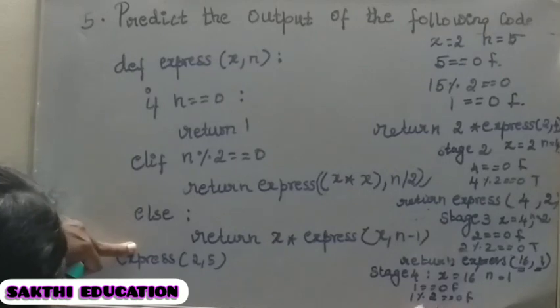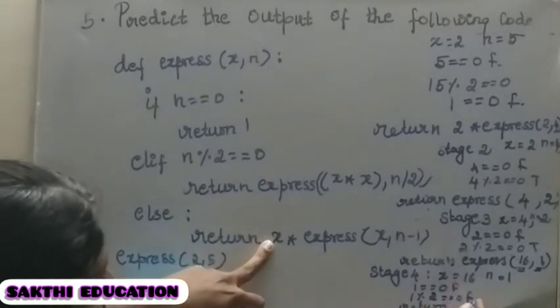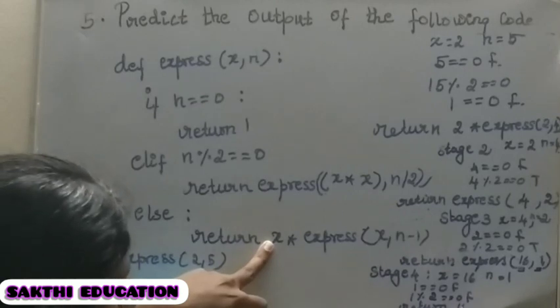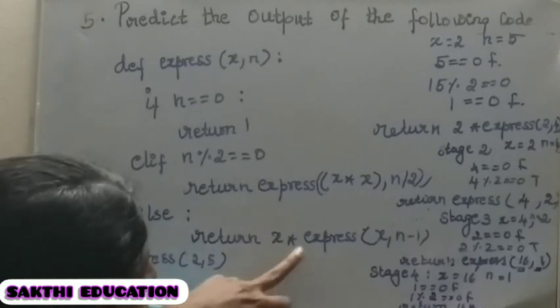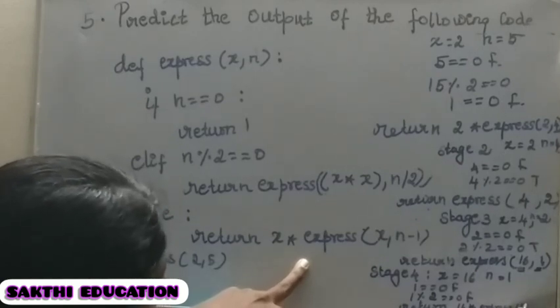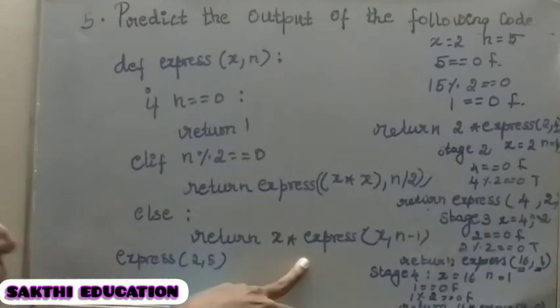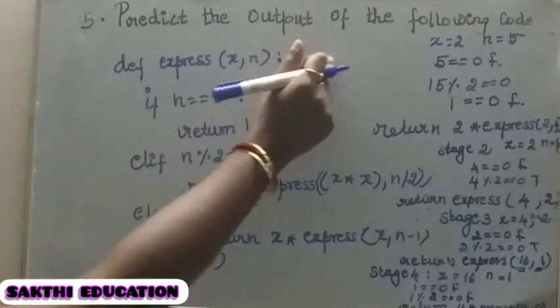Now we are moving to the else part. So here return, what is your x value? Now the x value you got is 16. So 16 into express, x value is 16, 1 minus 1 is 0. Okay, I don't have enough space. I will write here.